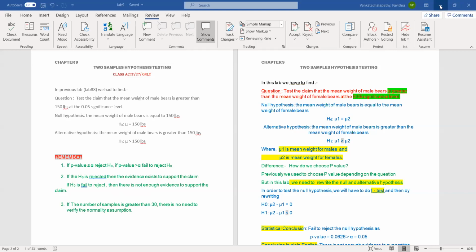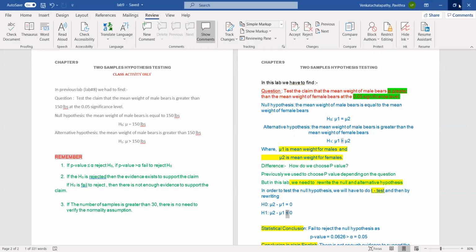Do this t-test, and you get 3 values of p. So how are you supposed to choose your p-value now?